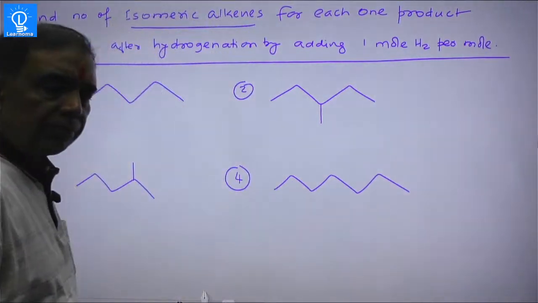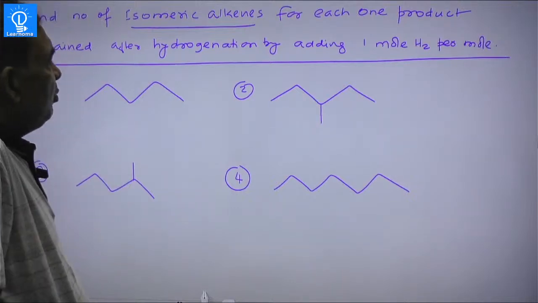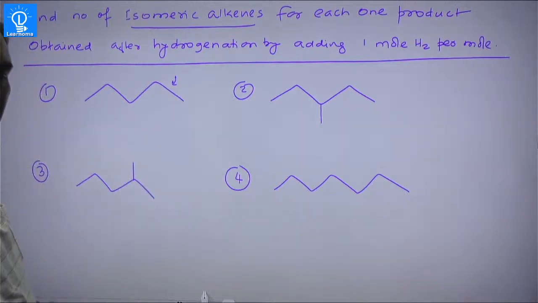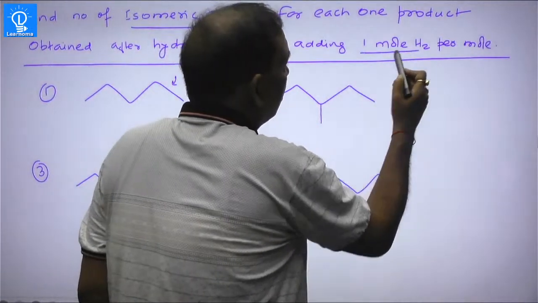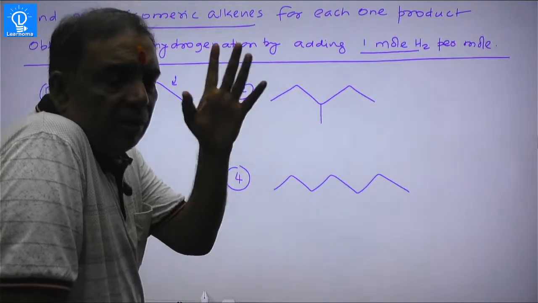See, very simple questions. What does this mean? These are the products. What is the reactant? The reactant added 1 mole hydrogen. This implies the reactant must have 1 pi bond.